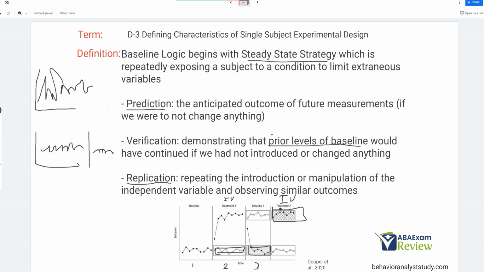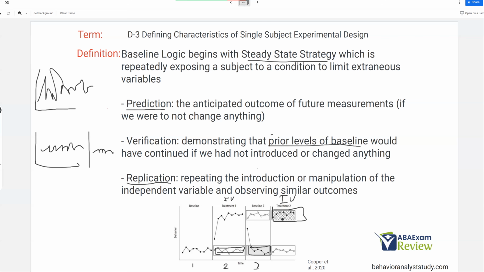And keep in mind, this is an AB design, okay? This is what we mean by steady state strategy. We're achieving stable data paths, and then we're predicting right here. We're verifying, and we're replicating. And this is how we know we're trying to establish experimental control over our dependent variable.